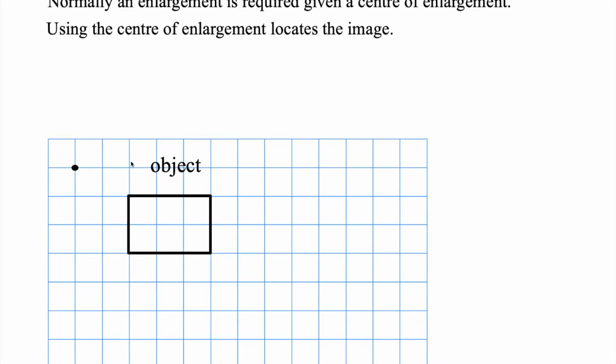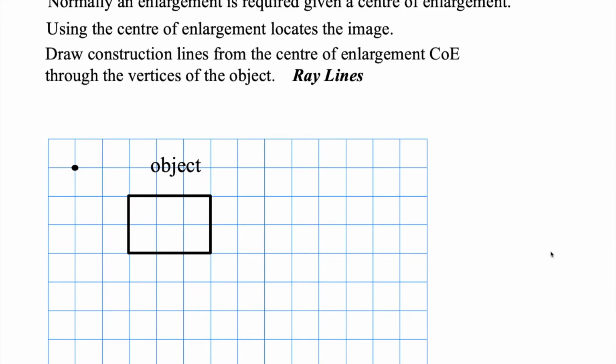So what you do with the center of enlargement is draw lines from that point going through the vertices of the shape, which is the outermost parts or the corners of the shape. Those lines are called construction lines, or the technical term is ray lines.